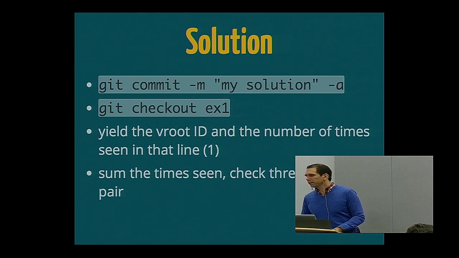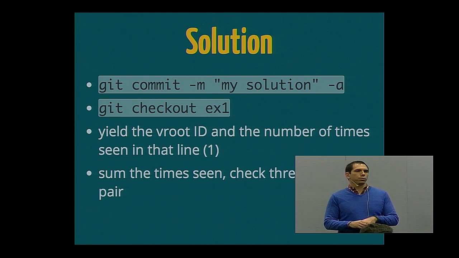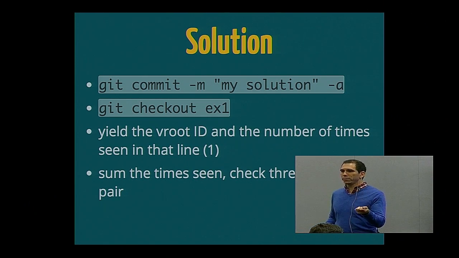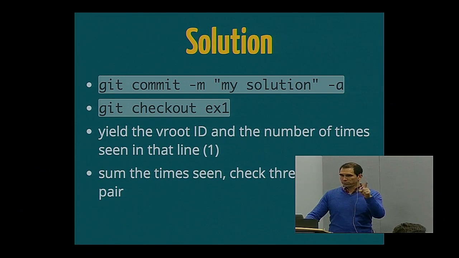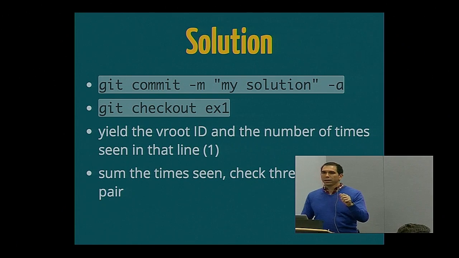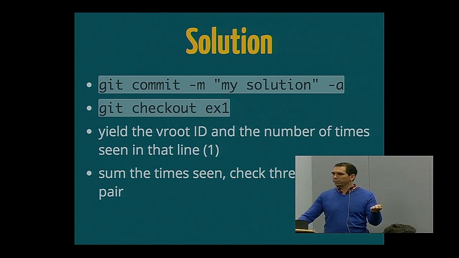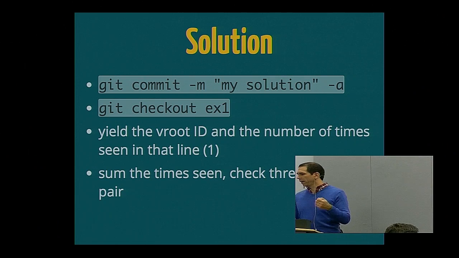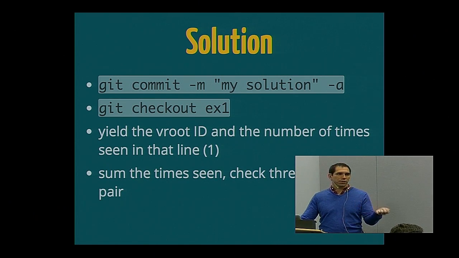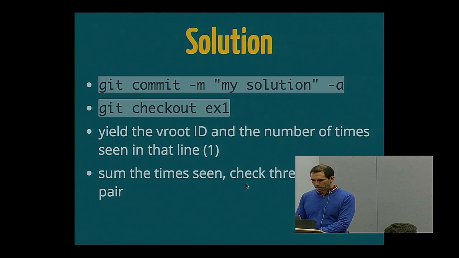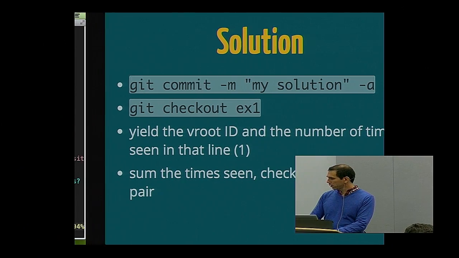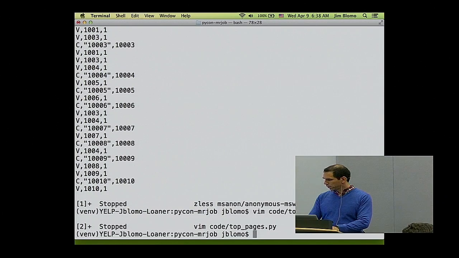So the idea here is that we wanted to yield the key value pair for the vroot that we saw and the number of times that we saw it on that line, which was once. And then in the reducer, we take that vroot ID and yield the sum of all of the times we've seen it and the vroot ID itself. So let's take a look at that.